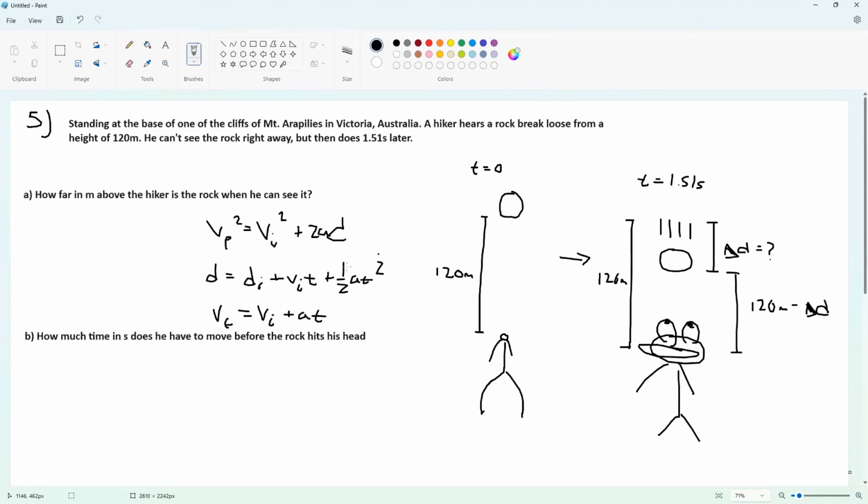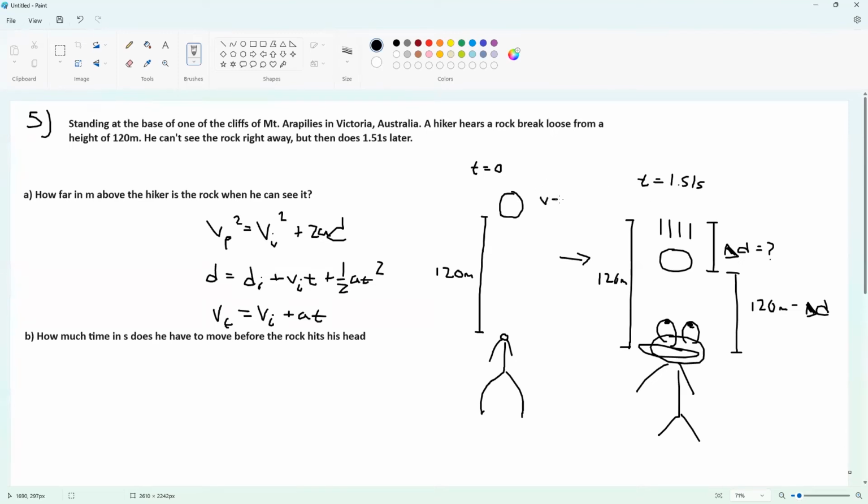Okay, so let's underline what we have. Do we have initial velocity? Let's think. This rock breaks off and then starts falling. Initially it was stationary, and then the mountain let go of it, so to speak.